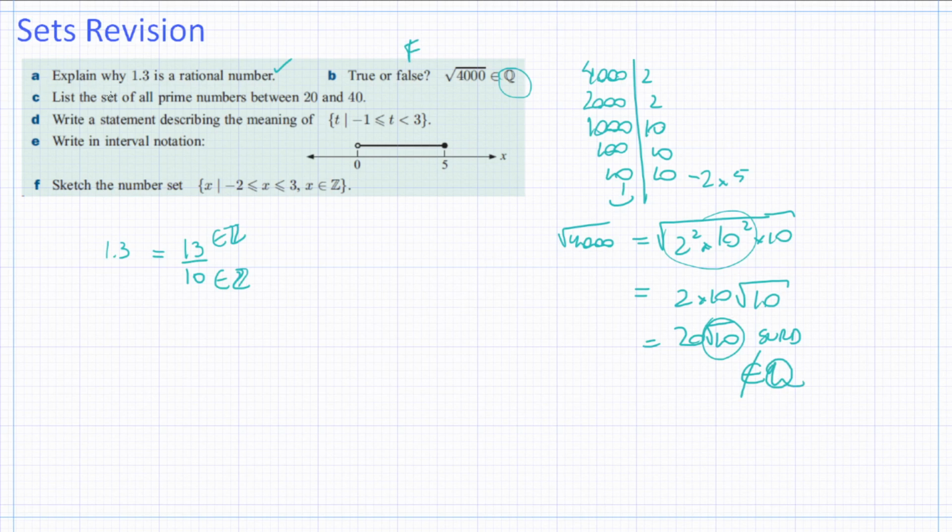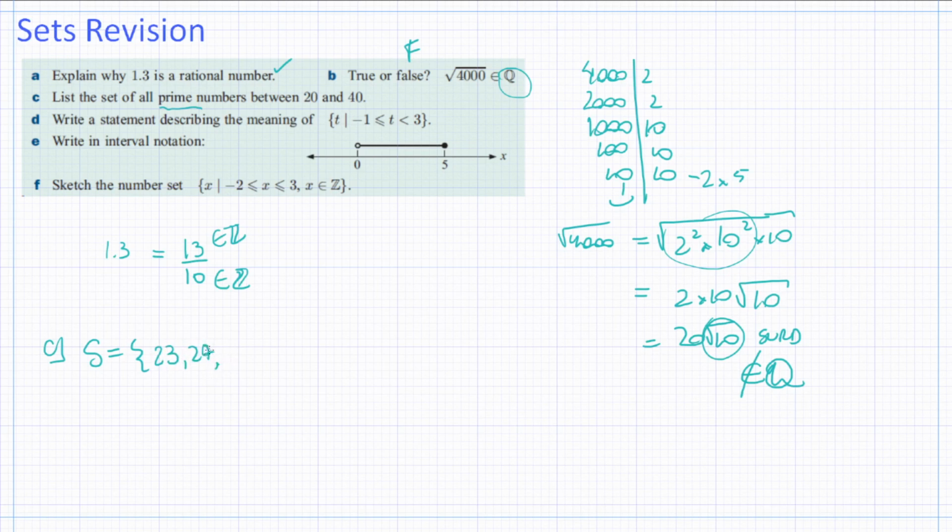Letter C. List the set of all prime numbers between 20 and 40. So we have to check prime numbers. They are numbers that can only be divided by themselves and 1. So 20, 21, 22, 23, 24, 25, 26, 27, 28, 29.